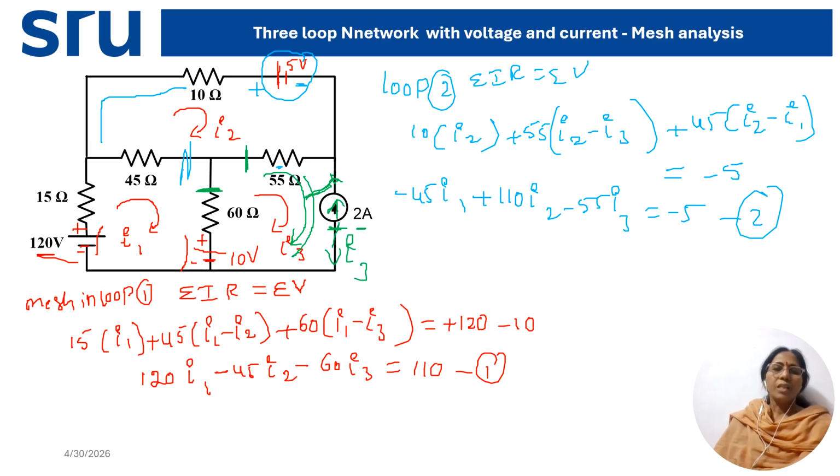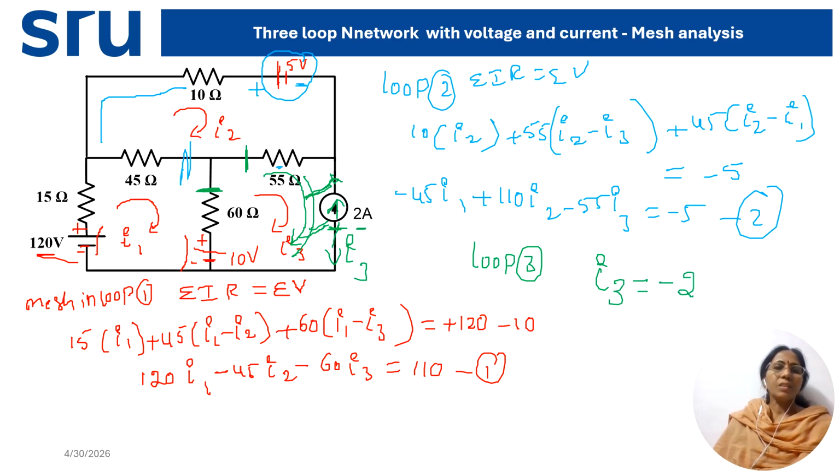That's why in loop 3 we should not write any KVL, because we don't know the voltage across the 2 ohm, and the intention of writing mesh analysis itself is finding current. I3 is directly given: 2 ampere in the opposite direction. So I3 is written directly as minus 2.